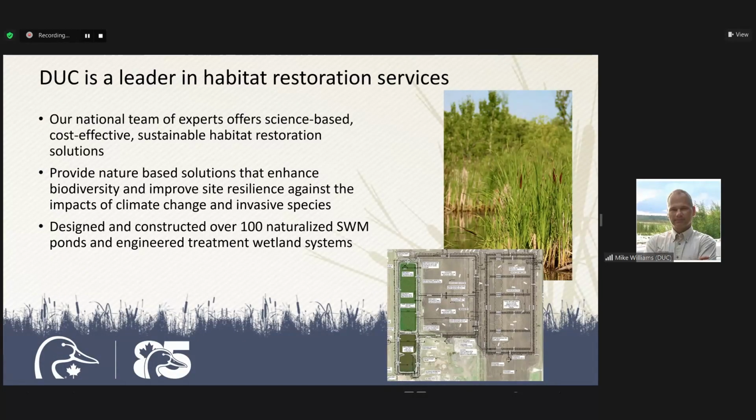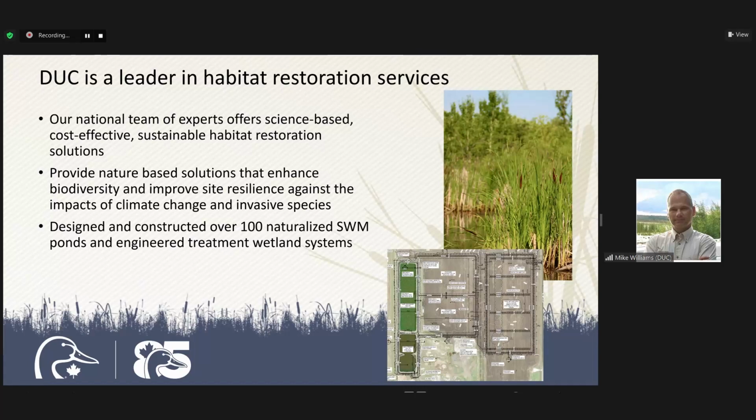Since about 2012 in Ontario, we've been offering our habitat restoration and treatment wetland design services to clients on a fee-for-service basis. This helps us generate revenue that goes back into wetland conservation work on the ground. We have a national team of biologists and engineers that are experienced in designing cost-effective and sustainable nature-based solutions for our clients that enhance biodiversity and improve overall resilience to the impacts of climate change.